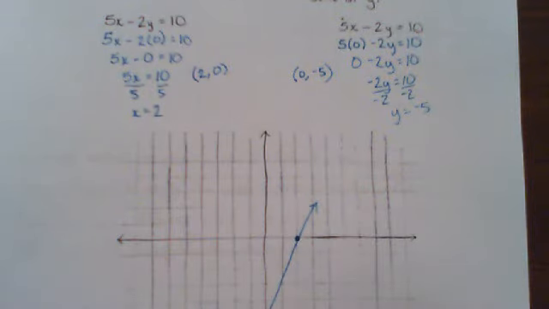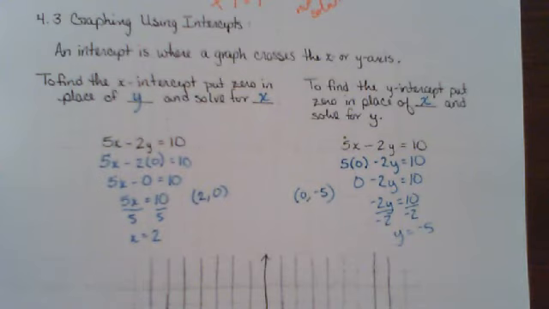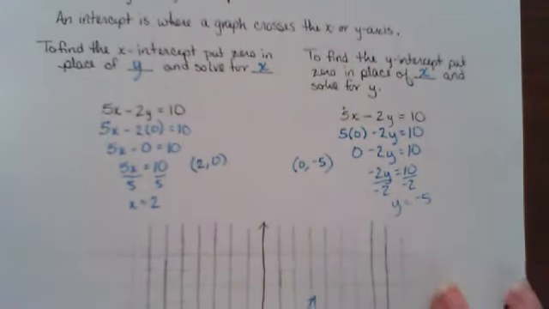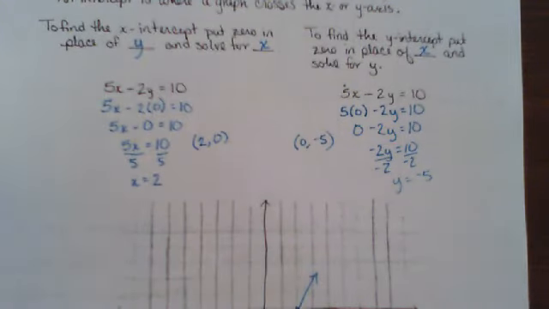Now, some people like using intercepts better than they do using the XY T chart. The XY T chart works all the time. Using intercepts doesn't work all the time. It works most of the time.